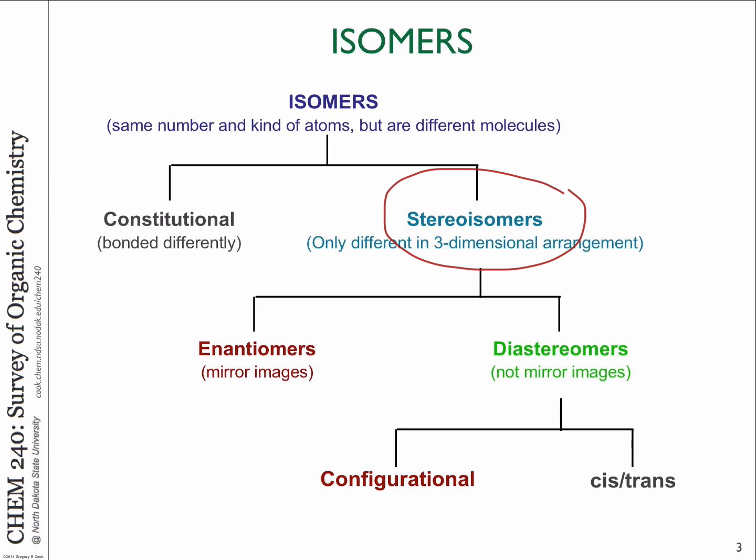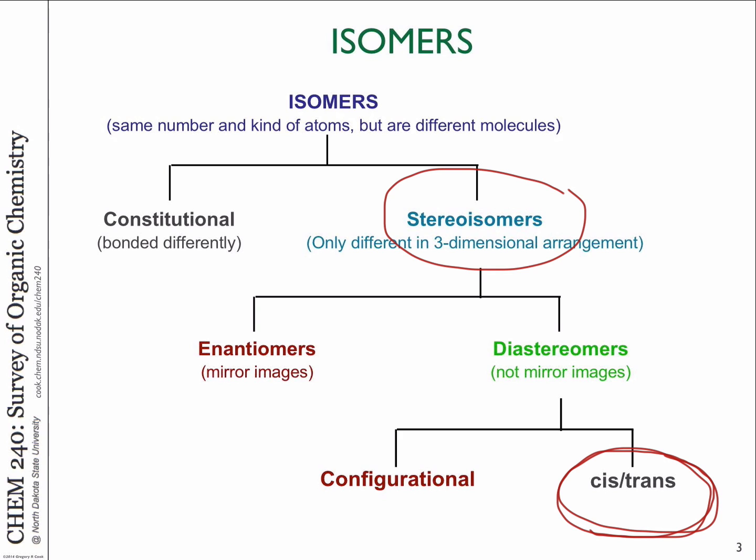That's because they're different in 3-dimensional space, because they're fixed in a certain configuration, or in some cases, they're fixed in a certain position because of a ring or a double bond. That actually is a type of diastereomer. The cis-trans, E/Z, whether that's being forced by a ring or by a pi bond that can't rotate.